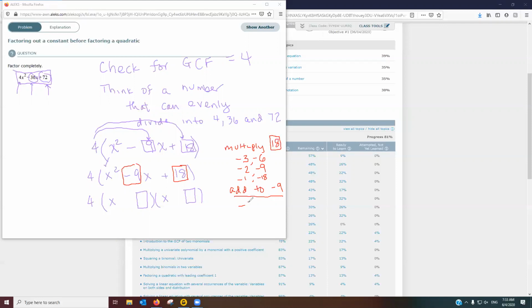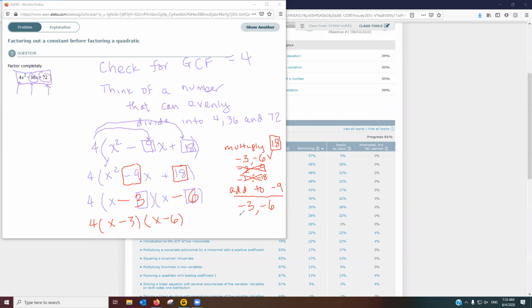Well, the only option that would add to negative 9 is negative 3 and negative 6. These others will not work out. So that means I'm going to put a minus 3 and a minus 6. That's the answer to this question. So the answer here is 4 times x minus 3 times x minus 6.